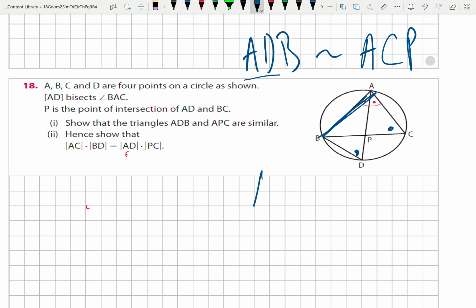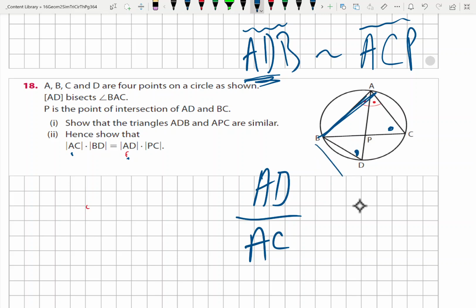And from B to D, which is opposite the red dot, should be divided by the other opposite the red dot, which is PC. And I cross multiply, that goes up there, that goes up there, and then I get that. Lovely. Okay, that's 18.